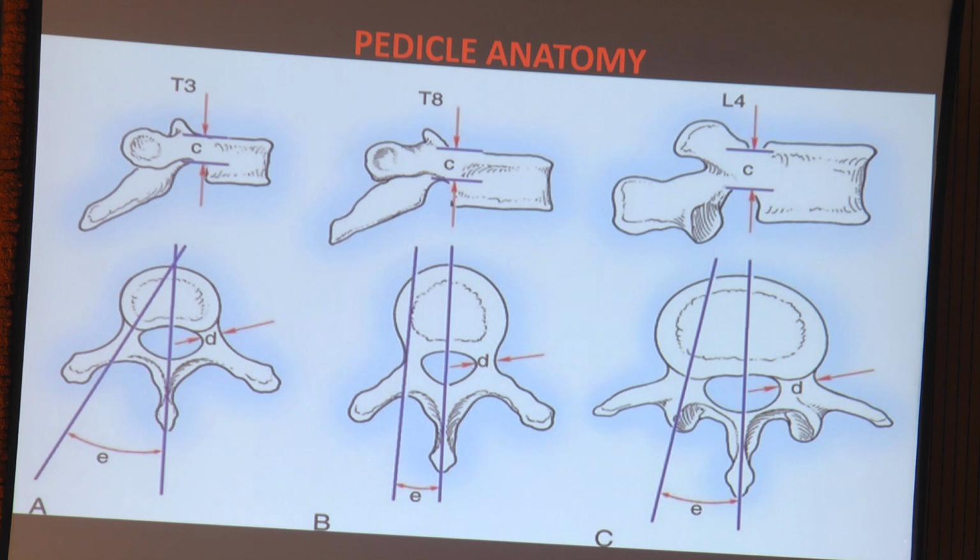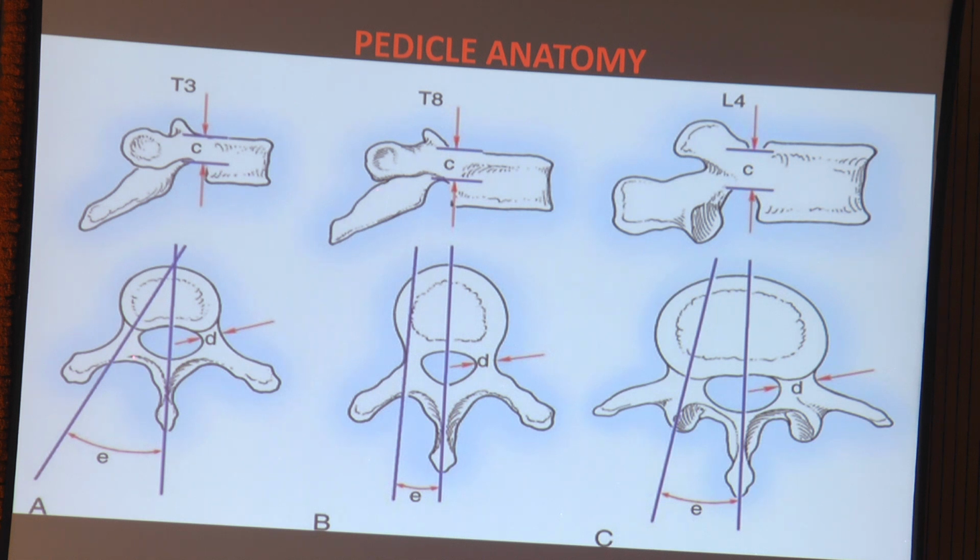Pedicle anatomy. Everybody is busy passing pedicle screws, but you should understand the structure of the pedicle at each vertebra, may it be a thoracic spine, that is T3, thoracic spine 8, that is T8, and the lumbar vertebra. The diameter, the length, the way it's placed is different.